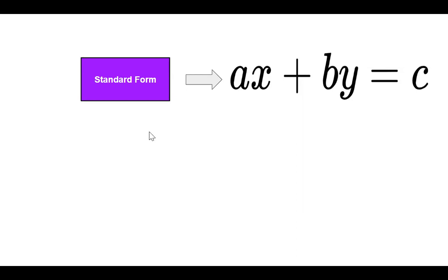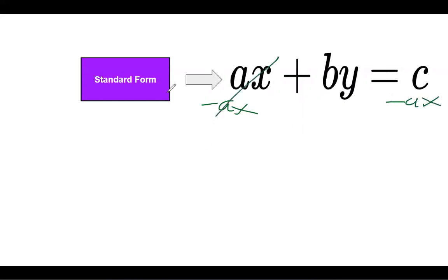Now, here's the general form, or basically the standard form. The way that we isolate y is that, notice here that we have ax. In order for me to isolate y, I'm going to do the inverse operation of ax. And y is being multiplied by b, so I'm going to do the inverse operation of b in this case. So I'm going to subtract ax on one side, subtract ax on the opposite side. I'm left with by equals, instead of writing c first, I'm going to write negative ax first.